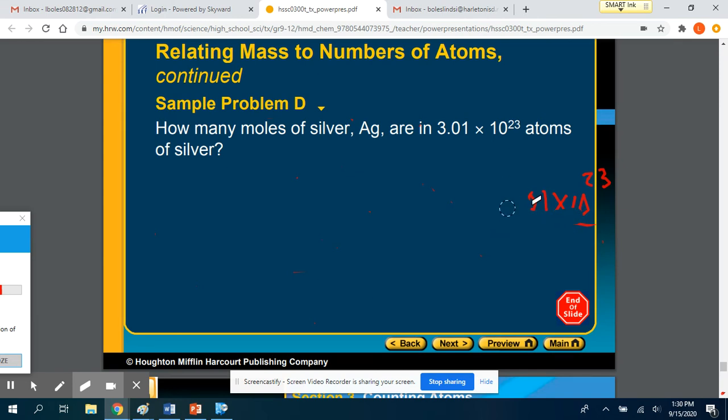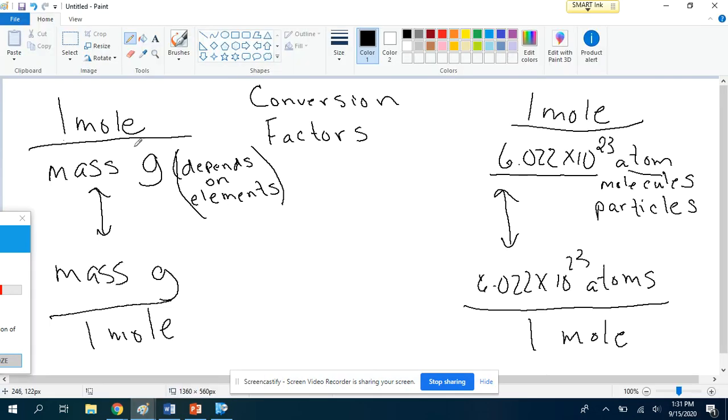So you can't go straight from atoms to grams or straight from grams to atoms, okay? Because we don't have a conversion factor that lets us do that. If you look, our conversion factor only goes grams to moles or moles to atoms. There's nothing on here that lets us go straight from atoms to grams.